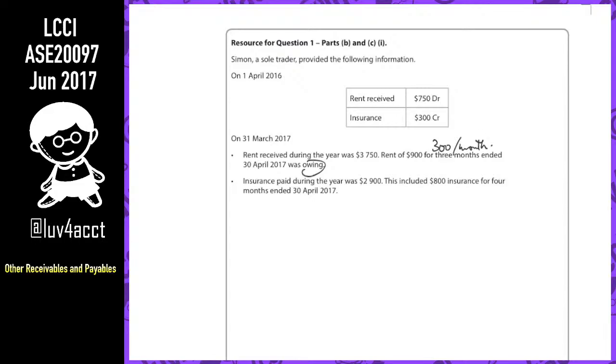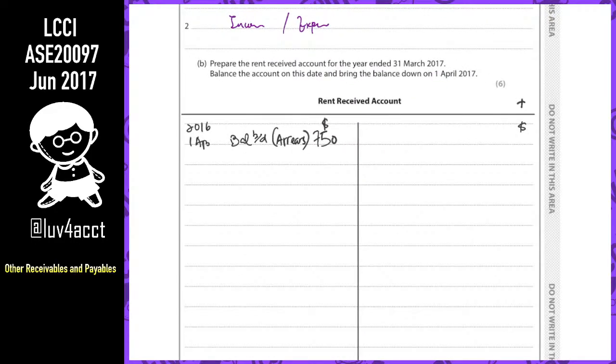Owing till when? 3 months ending April. That is, you haven't received for February, March, and April. That means 2 months income in arrears, 600.